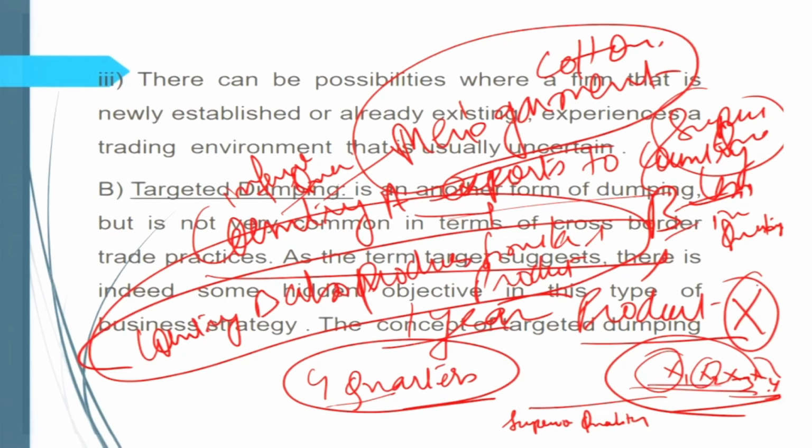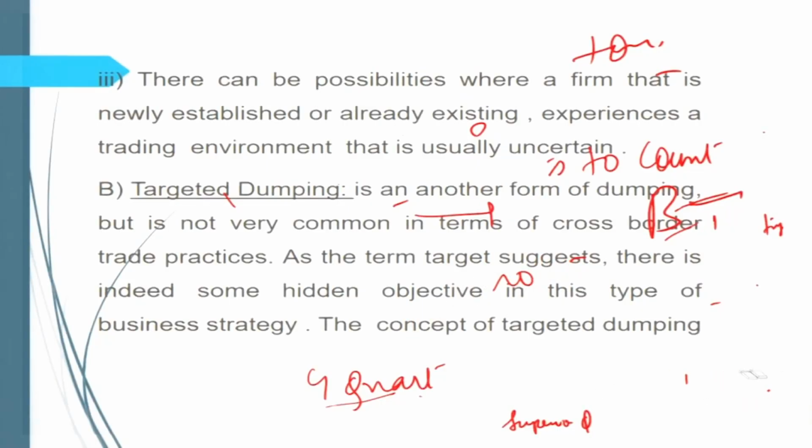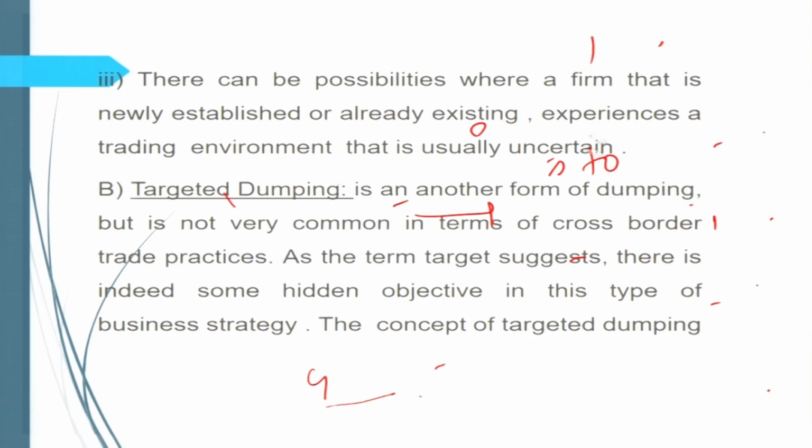So, they will not dump the products X1 and X2, the cotton goods manufactured of superior quality cotton, but they may dump the product manufactured of inferior quality cotton, because that is facing competition with X3 and X4, the cotton goods manufactured of inferior quality cotton produced in country B. So, that is targeted dumping: you do not target the entire product available in the foreign country, but only part or some segment of it, because that is where the foreign producer of the product faces the competition.